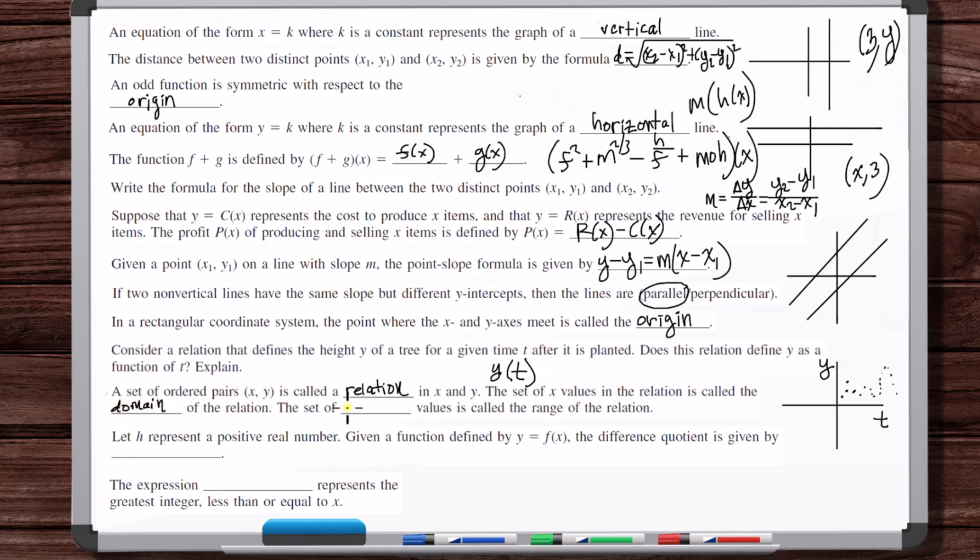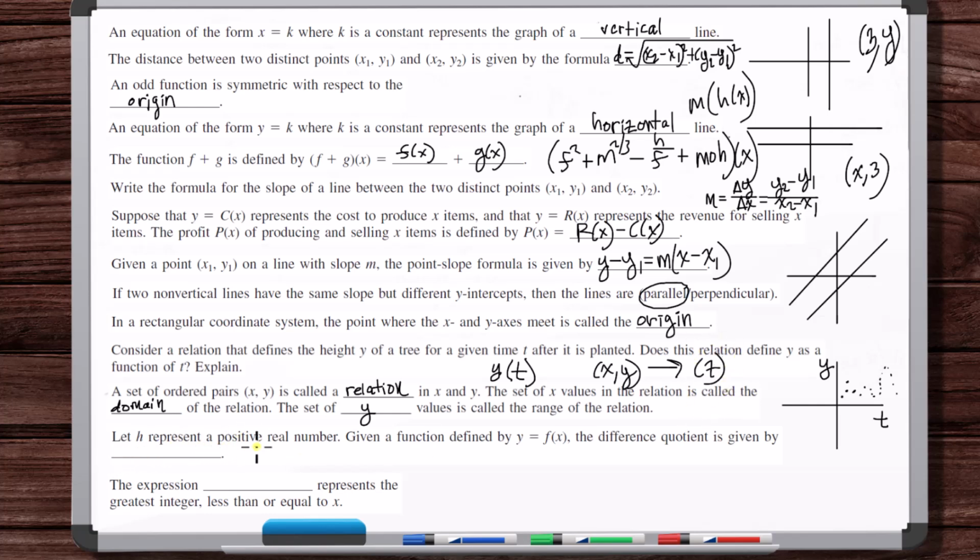The set of y values is called the range of the relation. The outputs are the range, the inputs are the domain. Even if you had an equation of 3 variables, the domain, you could look at it as a plane. Whatever this will represent a plane, the set of x's and y's, that entire plane is the domain. And then the entire number line here is the range.